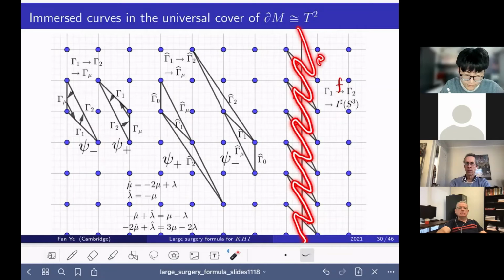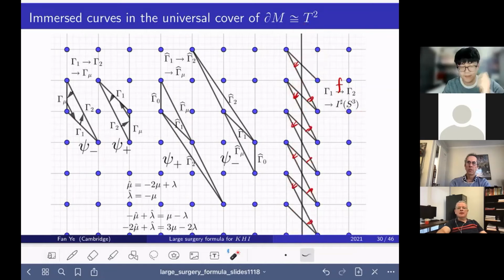So that's why we will get I sharp of the ambient Riemannian manifold by this surgery exact triangle. And this is the geometric intuition for the surgery exact triangle. Is there any question for these pictures?